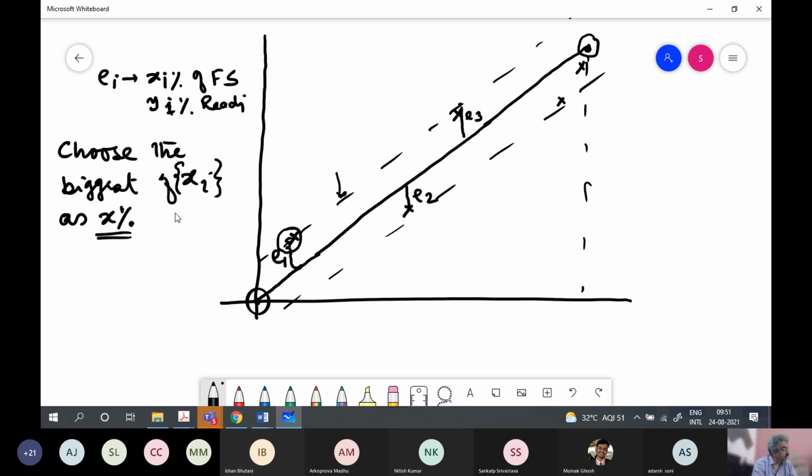If you don't choose the biggest of Xi, then it will certainly fail the X% of reading at this point. But that does not matter. The point is that if it can clear, so suppose this reading was here.